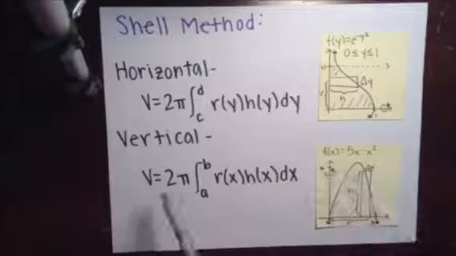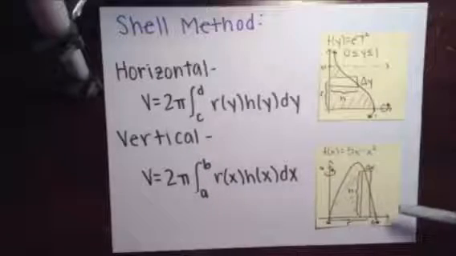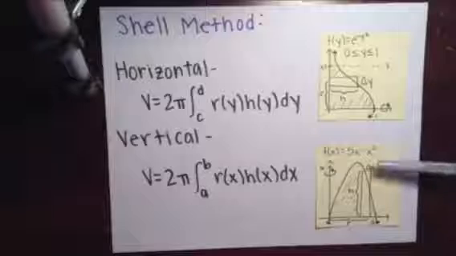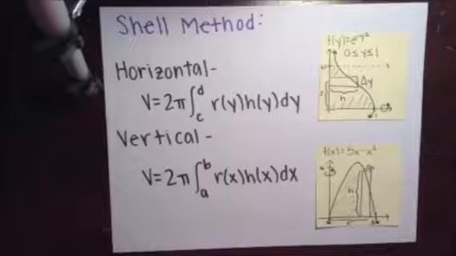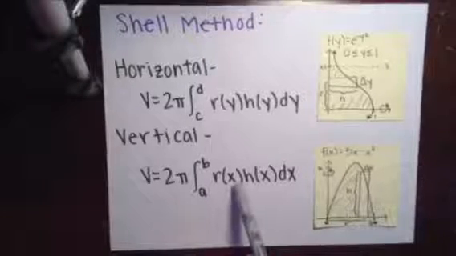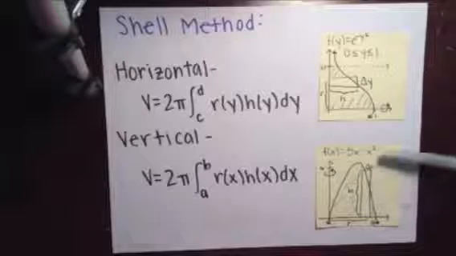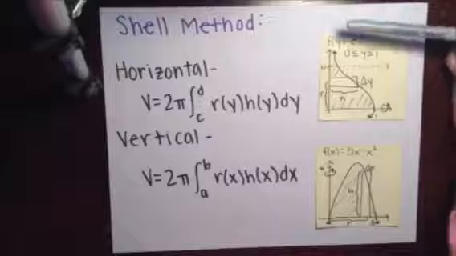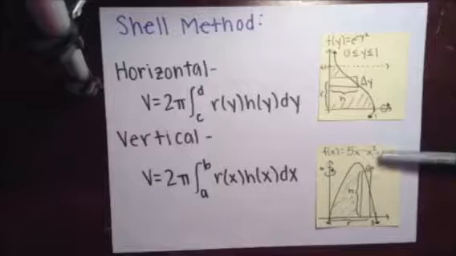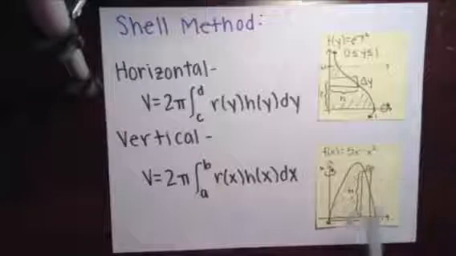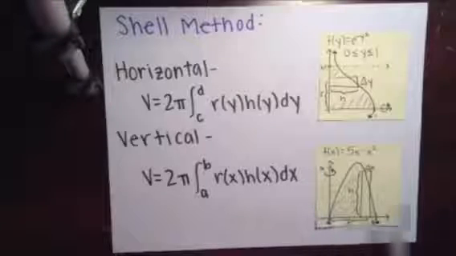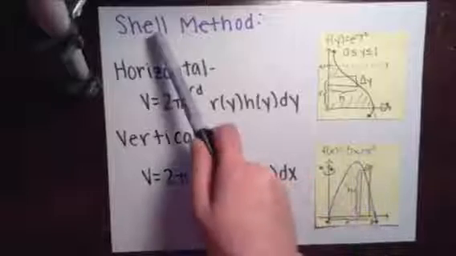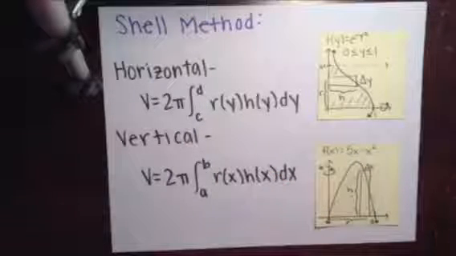And now, just as we did in the horizontal axis of revolution and the vertical axis of revolution, we have a function 5x minus x squared. Then we want to integrate with respect to x, since that's what the function is written in terms of. And the indicator to use shell method is, again, that our function is written in terms of x, but our axis of revolution is the y-axis. So y went with x, so therefore we use shell method.